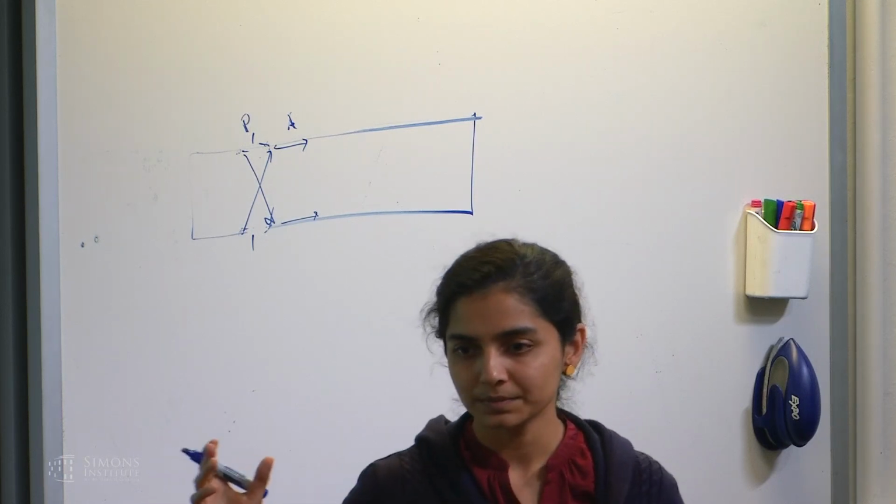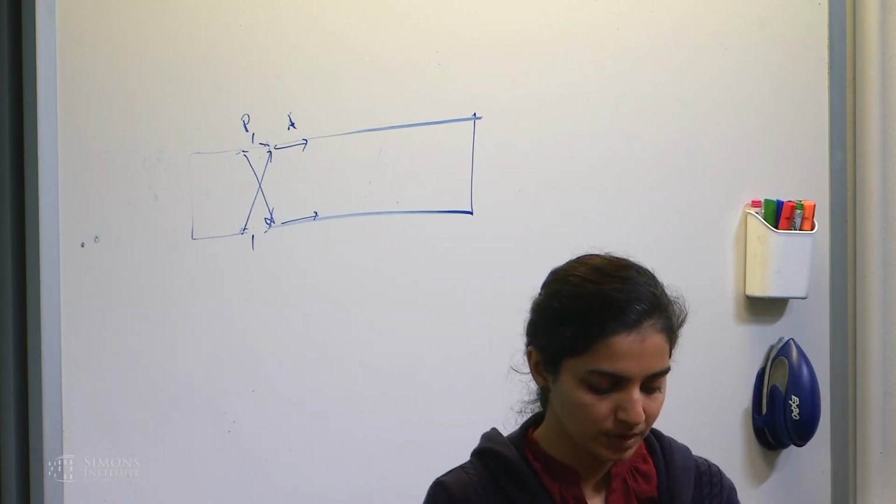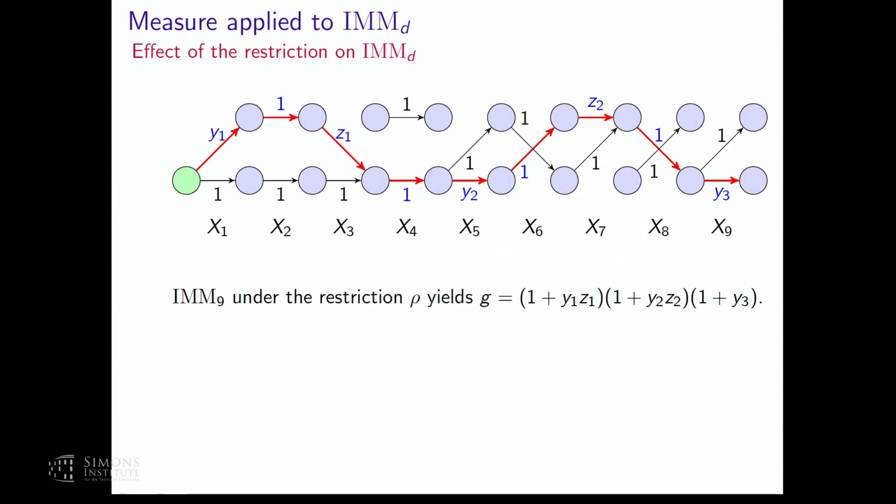Without going into too many details, just examining what such a restriction does to this graph, you can see that this IMM 9 under this restriction rho yields this polynomial. If you just multiply it out, you see this. If this last factor wasn't there, then you have a 2 cross 2 matrix of the partial derivative matrix of full rank.